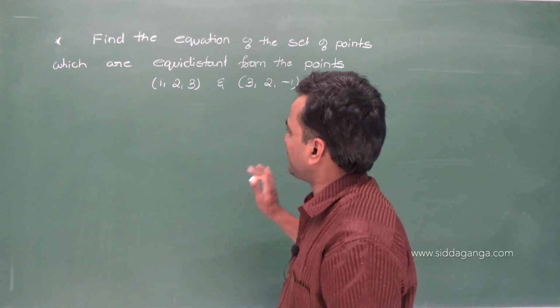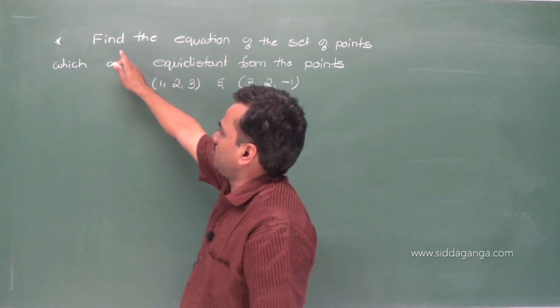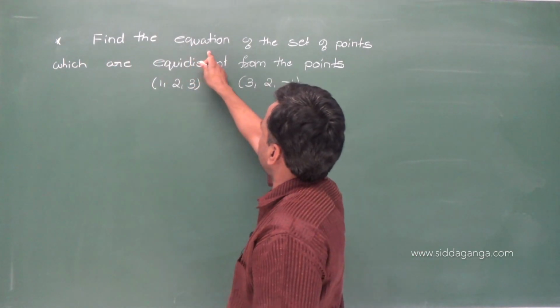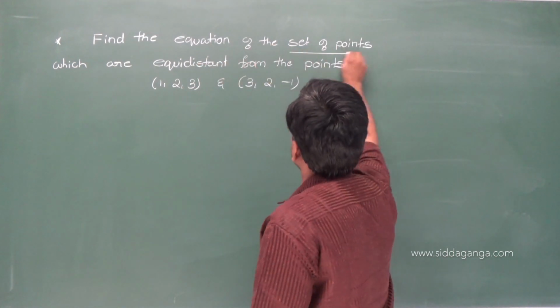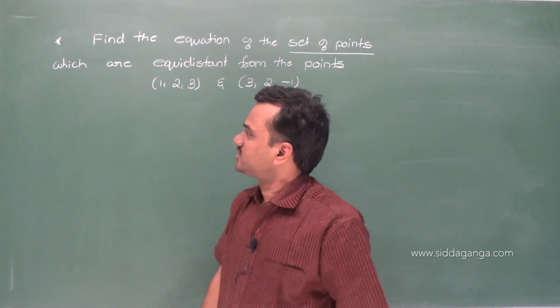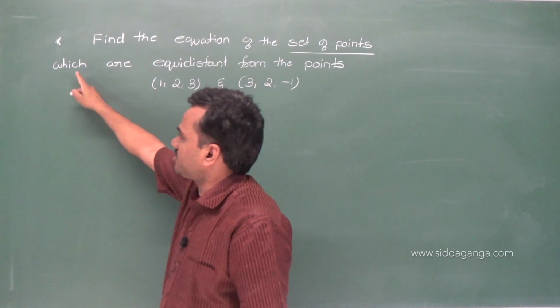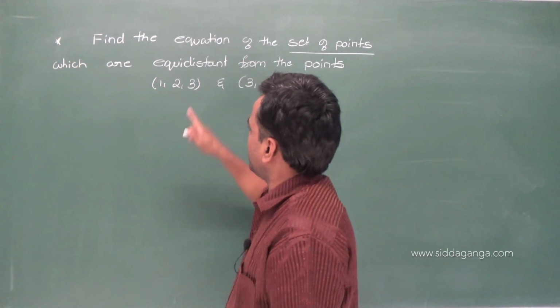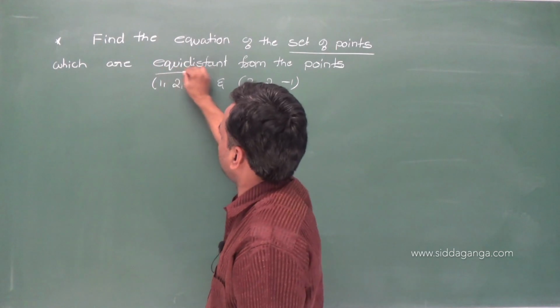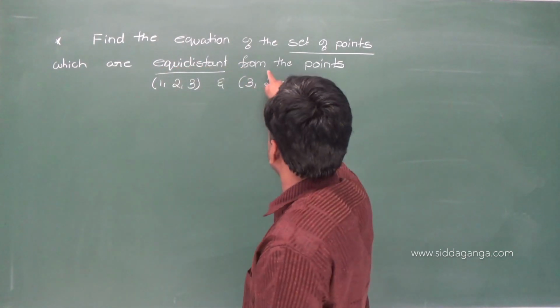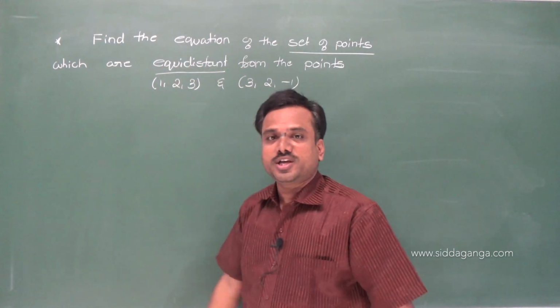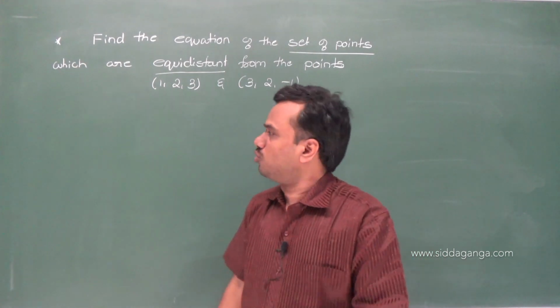See, observe here, very carefully. Find the equation of the set of points. The condition is the set of points equidistant, very important, from the 2 points.